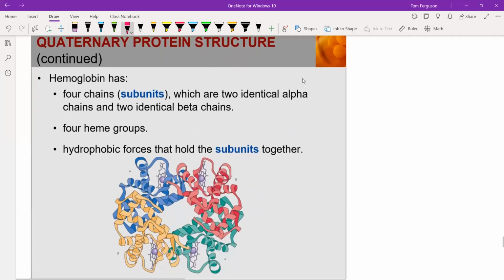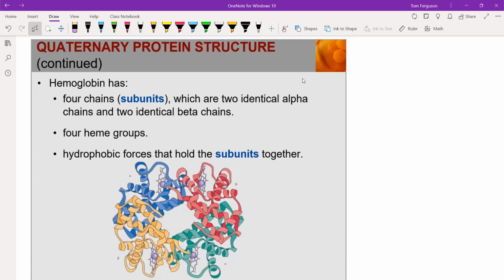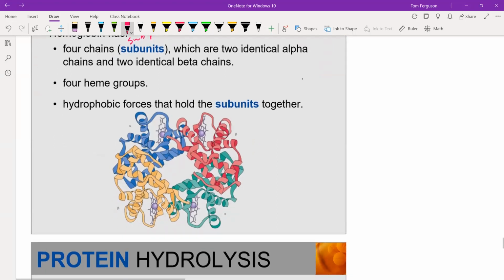Okay. So for example, hemoglobin, it's got 4 subunits, which are proteins that come together. And hydrophobic forces, in other words, like structures tend to go together, and that's what keeps the subunits together.